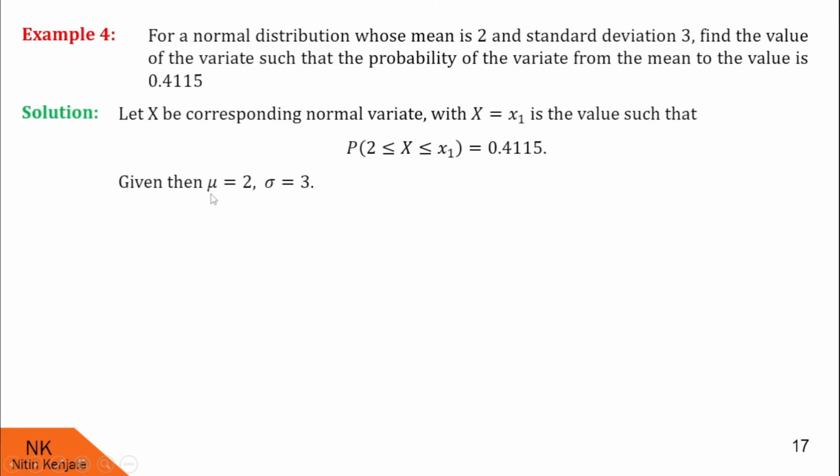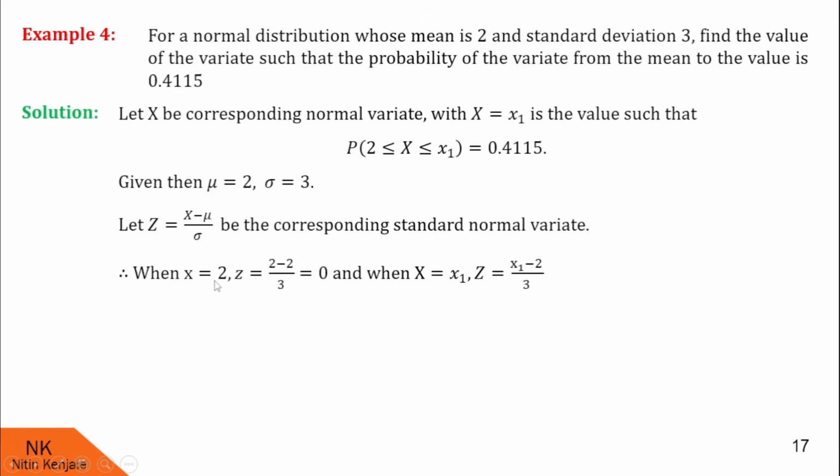Given that the normal distribution's mean is 2 and sigma is 3. Let z be the corresponding standard normal variate with formula x minus mu upon sigma. When x is equal to 2, z will become clearly 0. And when x is equal to x1, z will become x1 minus 2 upon 3.